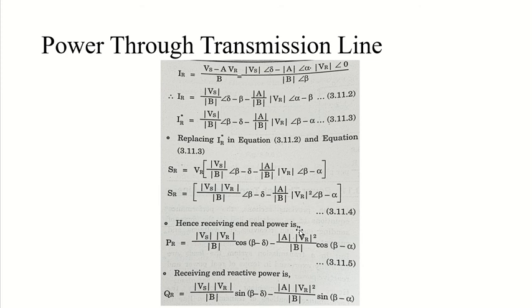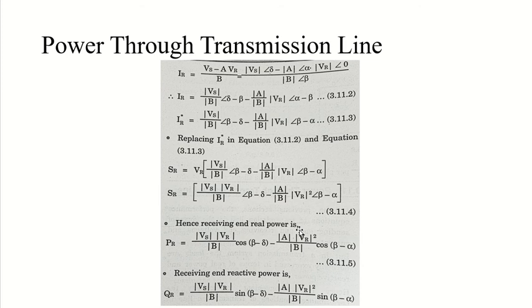In the same way which helped us find the receiving end real power, we can find the receiving end reactive power as well. To find the receiving end reactive power, instead of the cosine component, we will take the sine component. So we will simply substitute cos with sine, and we will have the receiving end reactive power here.